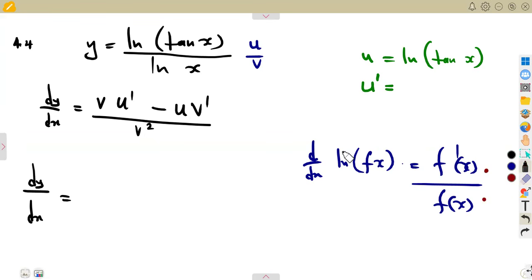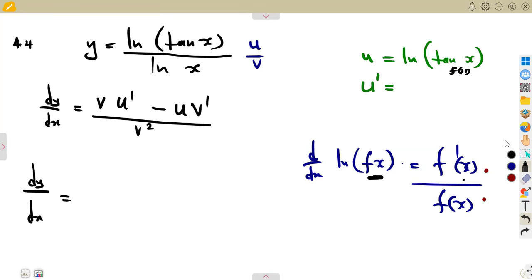So meaning to say, for the derivative of ln f of x, our f of x is the tan. This is our f of x. So it is going to be the first derivative of tan. The derivative of tan, what is it? That is the question. So we need the derivative of tan. Okay, so guys, know your derivatives also.